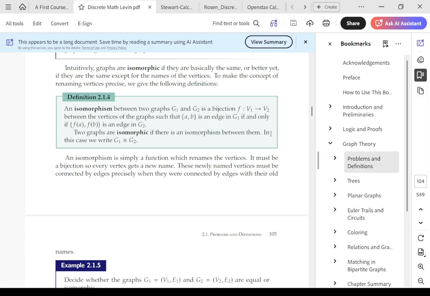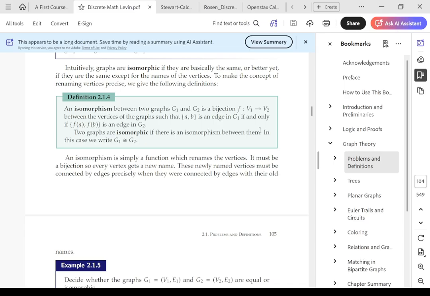So here's the definition. An isomorphism between two graphs, G1 and G2, is a bijection f from V1 onto V2 between the vertices of the graphs, such that AB is an edge in G1 if and only if f of A, f of B is an edge in G2.